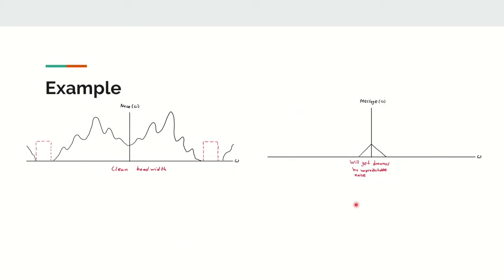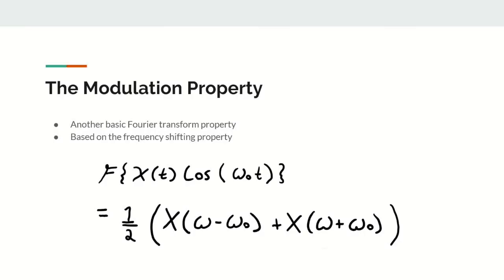If we have our message signal here, just in the center, it will be completely drowned out by all the noise. So we want to move our message signal to the clean bandwidths that we have available. So we are going to frequency shift our message using the shifting property, and that's how we're going to modulate, pretty much.